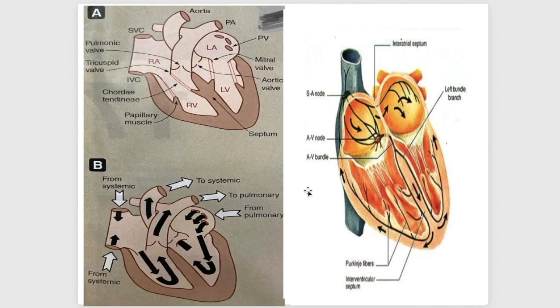The first wave, called the P wave, records the electrical activity of the sinoatrial node and the contracting of the right and left atria.